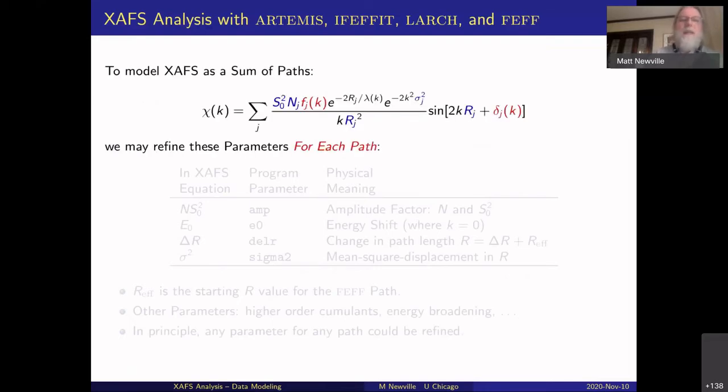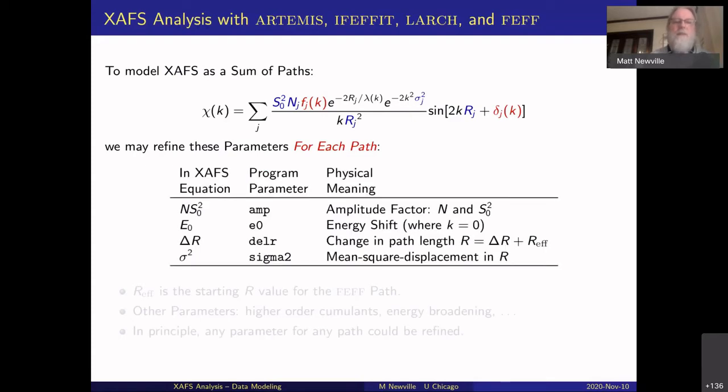Okay, so to model XAS, we have our XAS equation, and we may refine for each path the parameters that are N times S0 squared, or amplitude, E0, delta R, sigma squared. Actually, there's a bunch more. Actually, I should be clear, we're refining delta R, the change in R. The FEFF calculation has a distance for that iron oxygen, and what we're varying in the fit is a change in that distance.